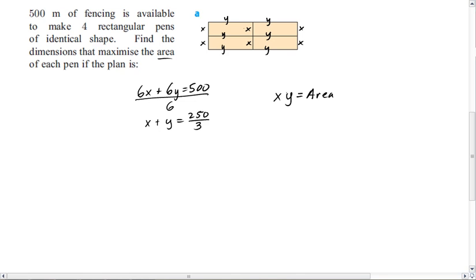Now again, I don't want 2 variables in addition to the area, which is the thing I'm maximizing or optimizing. And so let's go ahead in this equation. We're going to solve for 1 variable. I kind of like to keep my x's. If 1 variable is easier to solve for than the other, then definitely do that. In this case, it doesn't really matter. So let's go ahead and just subtract x from both sides.